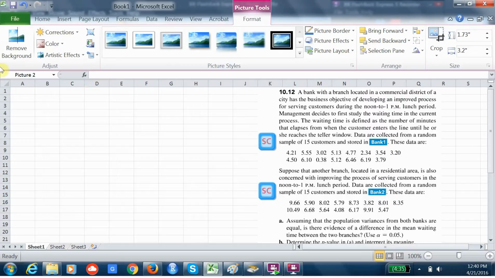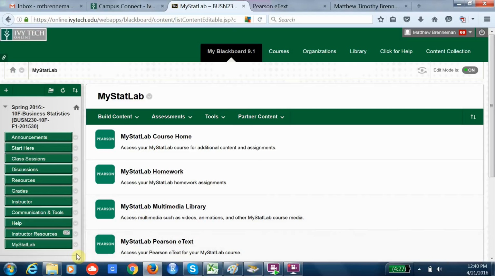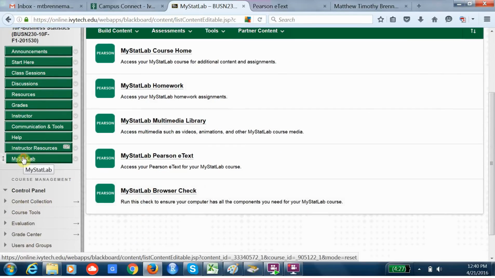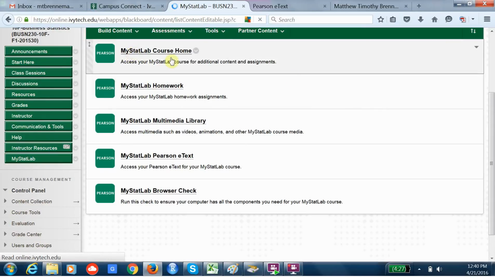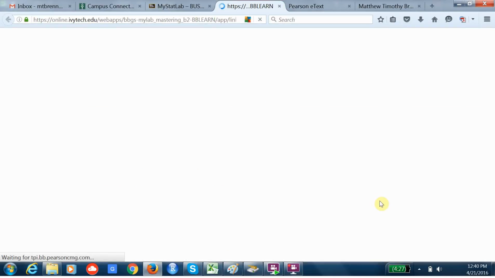Okay, let's go ahead and get the data first. We're going to do Bank 1 and Bank 2. Let's go to my StatLab, to course home actually. What we want to do first is download the data, right?